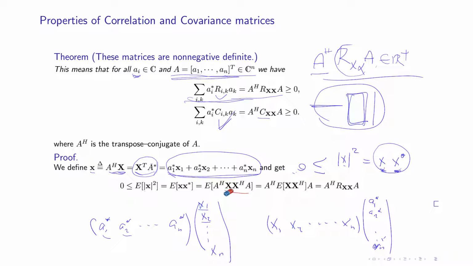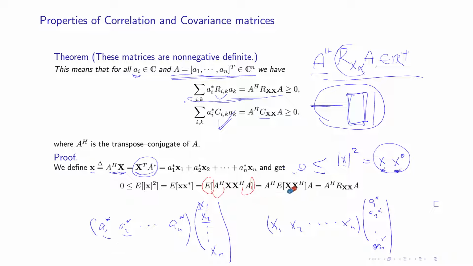Remember that this expectation is nothing more than some integrals, and these integrals are linear. So I could put this one outside of the expectation, and similarly I could put this A outside of this expectation. So this bracket is going to go here, and this is what I get here.